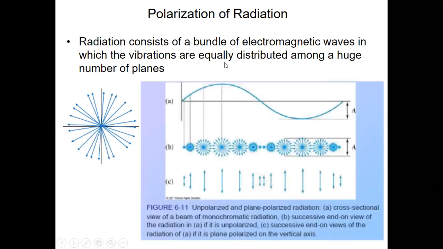So this is the normal light, and we can represent that light with vibrations in figure B. That is the unpolarized light. Normally that is how the radiation looks.